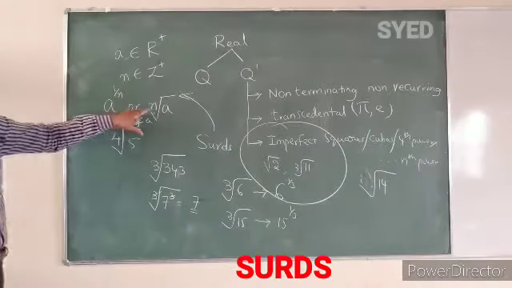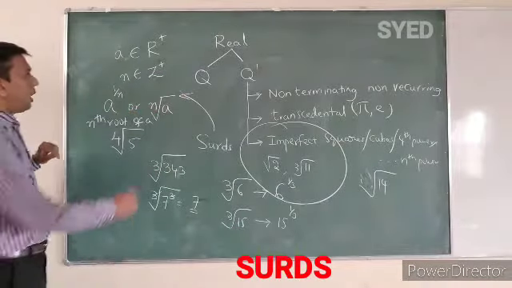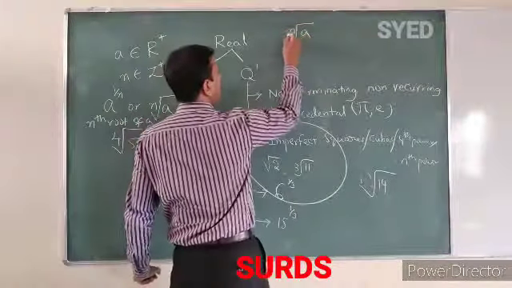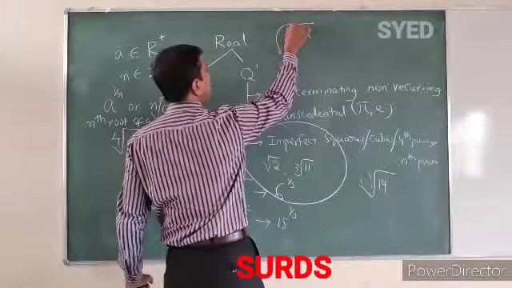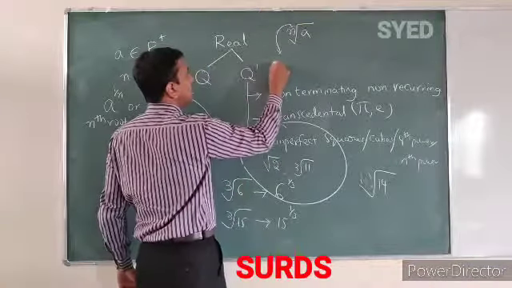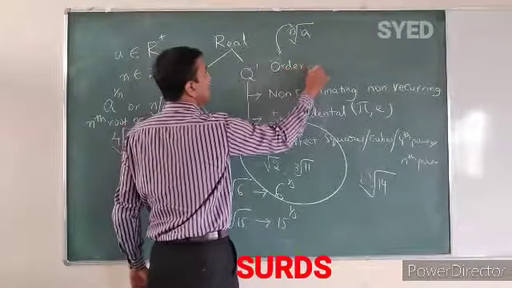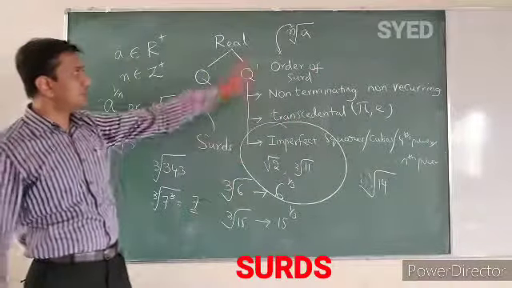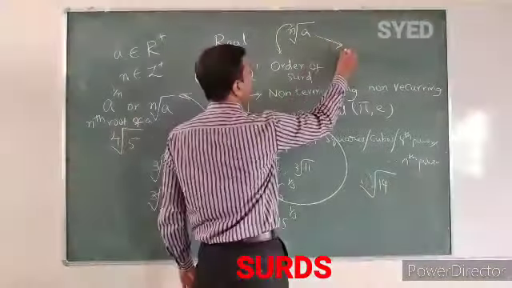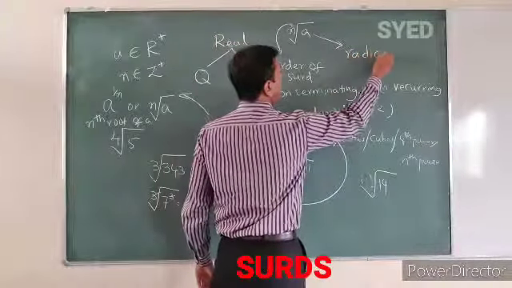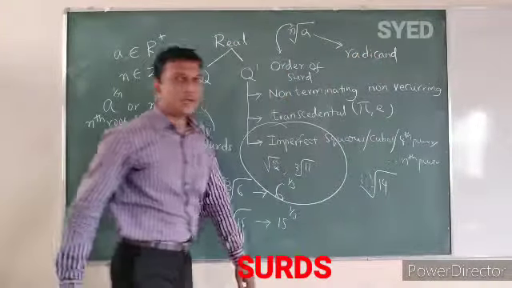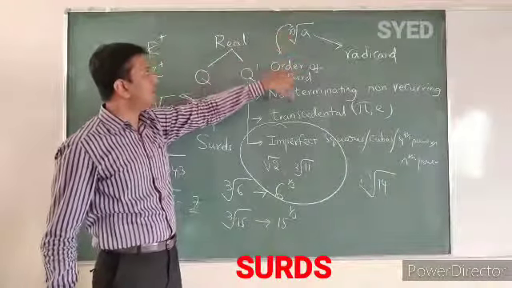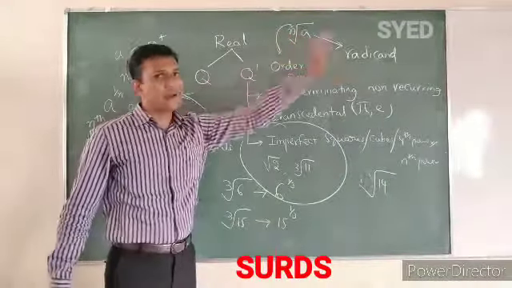So in nth root a, what is n? n is called the order of the surd, and a is called the radicand.